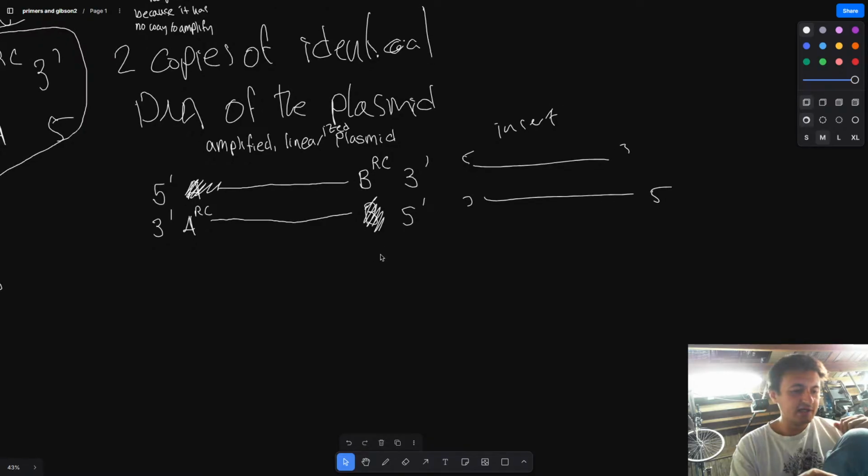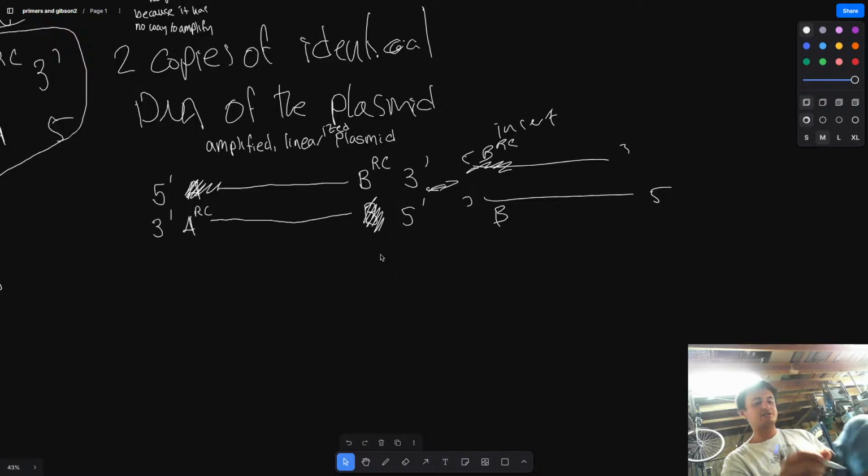Well, what do we need? Let's just say that we want to connect these together. Then this section needs to be BRC, right? Because it's going to get chewed back, and then this is going to be B just by complementarity.